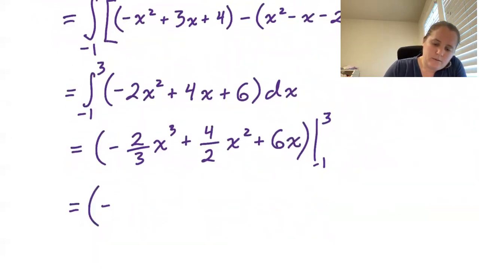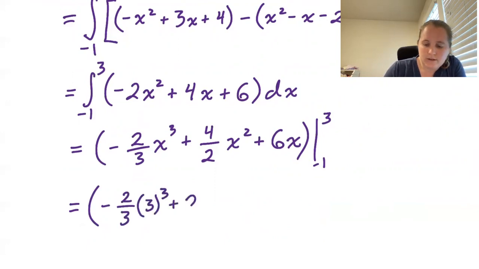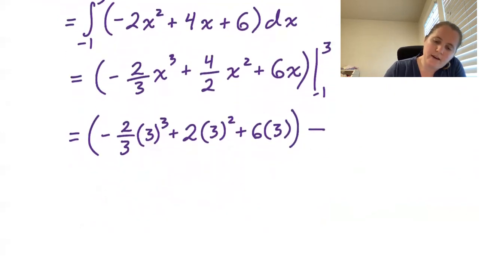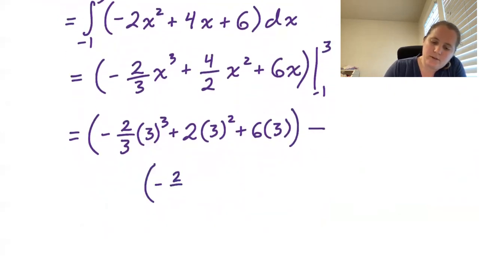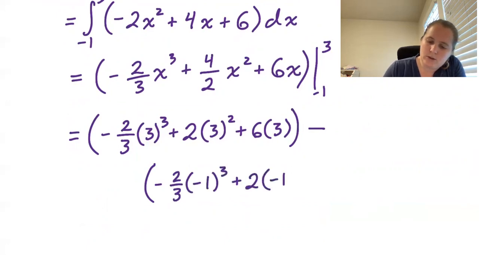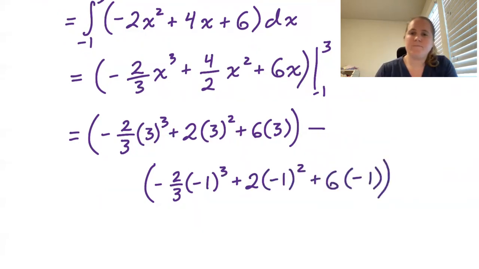Plugging in 3, we have -2/3 times 3 cubed plus 4/2, which is 2, times 3 squared plus 6 times 3. And then we will subtract -2/3 times -1 cubed plus 2 times -1 squared plus 6 times -1. And this winds up giving us, well, that first set of parentheses is 18.